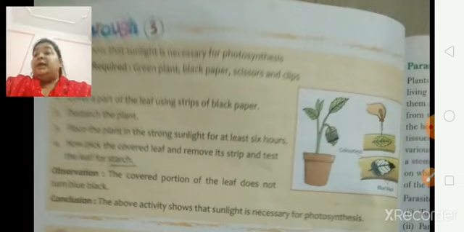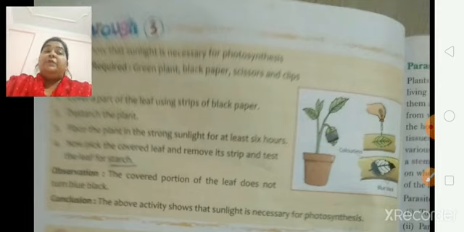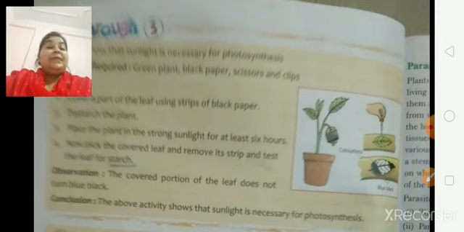I would like to give you something simple, which will be easier for you all: one of the activities, the 2nd activity, you have to do in your fair notebook with a clean diagram and neat and clean handwriting.